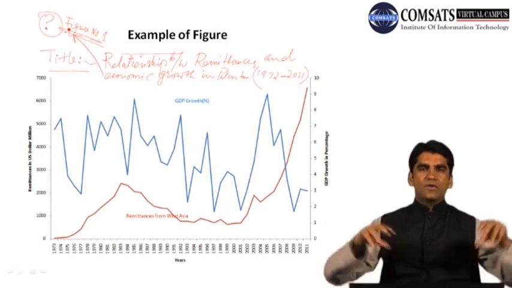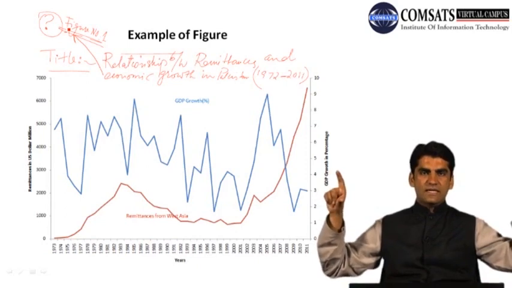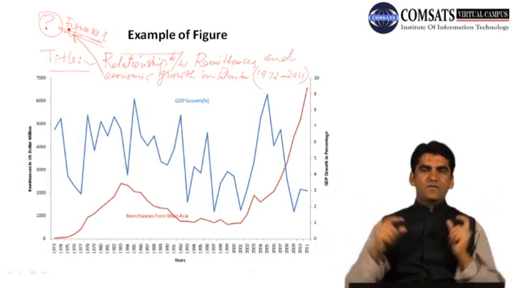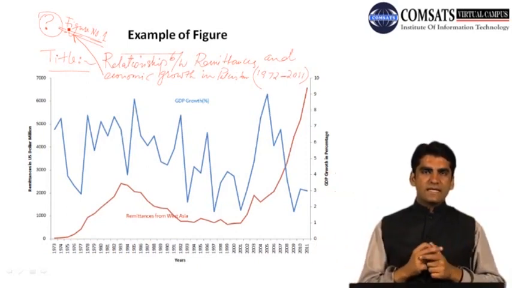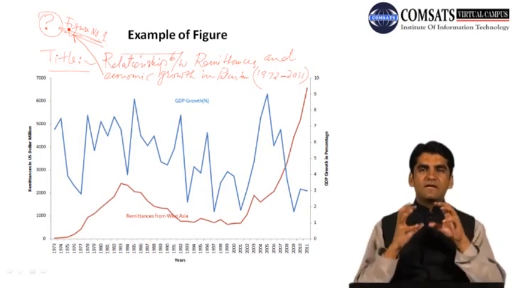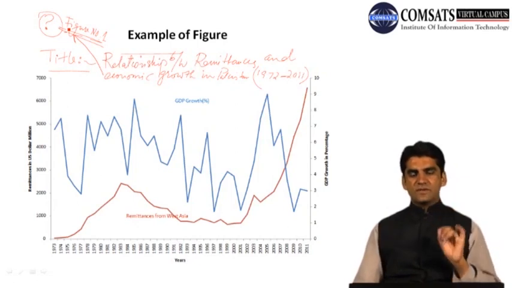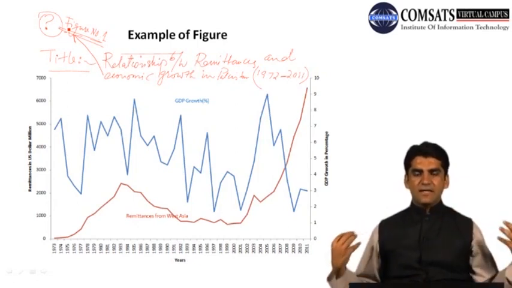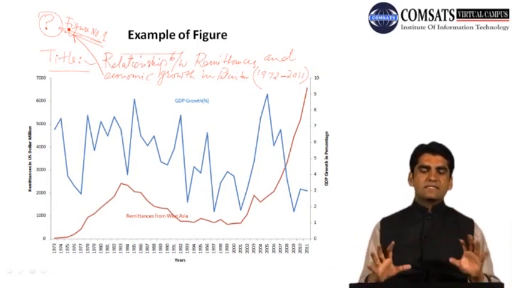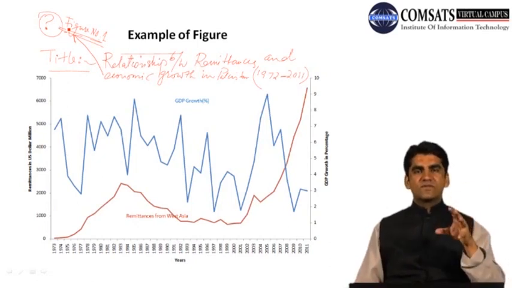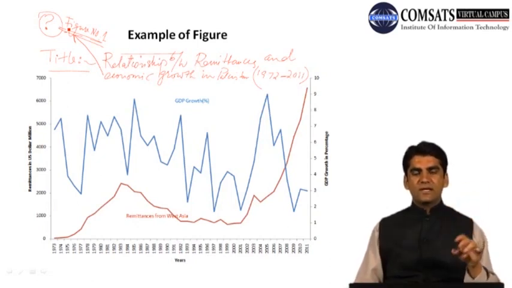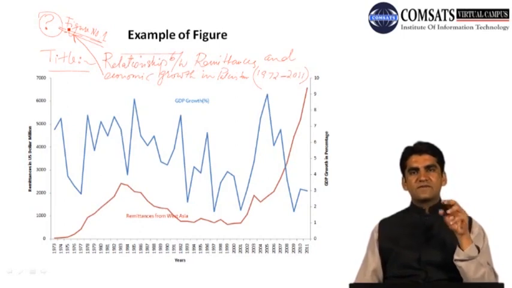So now we have units on both the ends, on right and left side. We have unit for our understanding at the bottom, and we have explained that each line that is blue showing GDP growth, red showing remittances, and now we are at least precisely clear. What was missing was title. We have put title into it, and we have given a specific number.